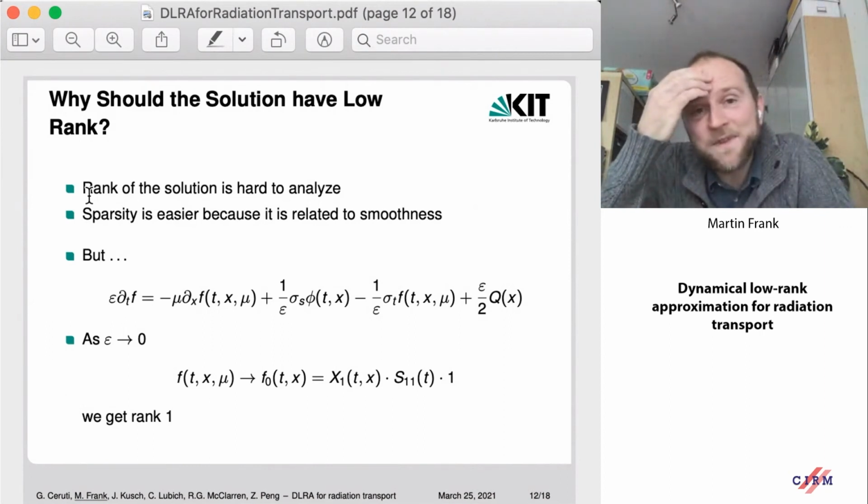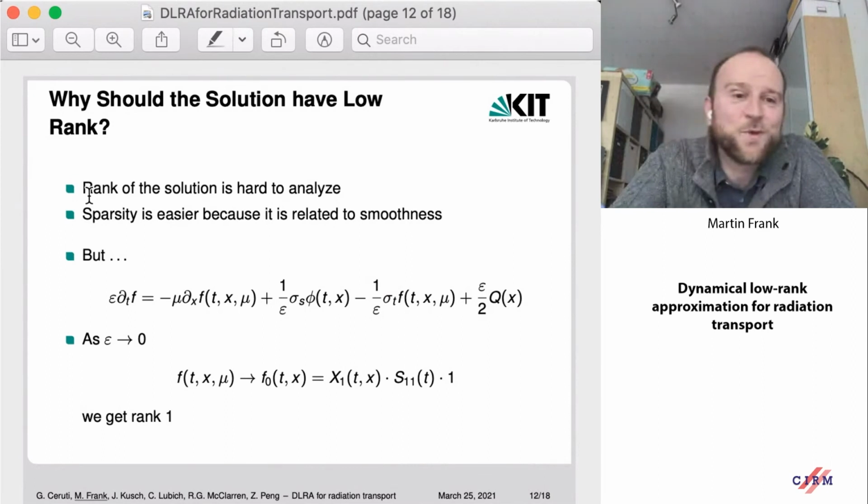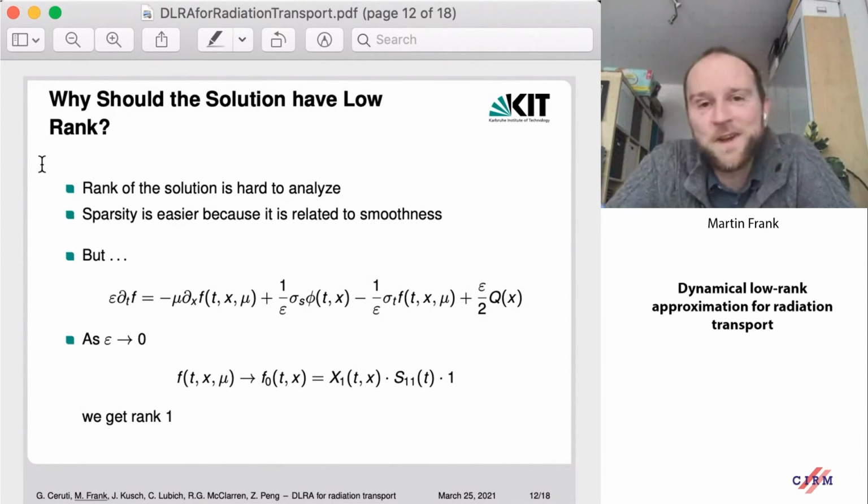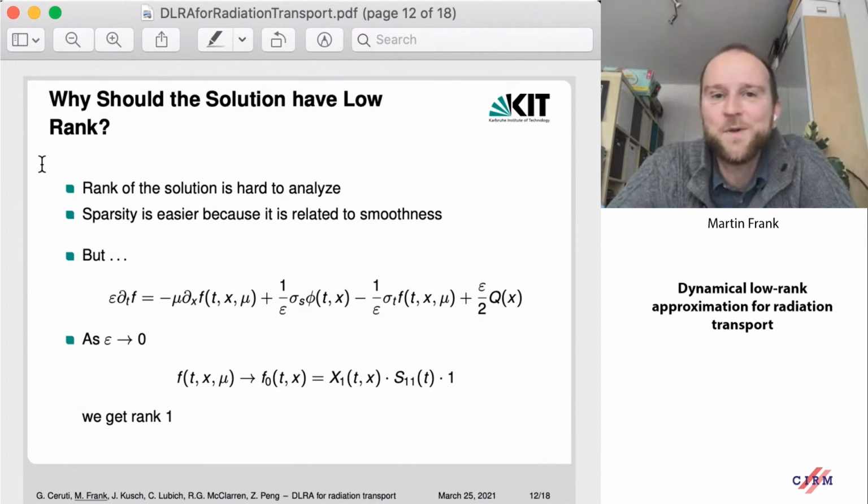that I think is something interesting to the analysts here in this room, because the rank of a solution is really hard to analyze. It's an object that you don't get from looking at a Sobolev space, right? The usual things we do to characterize solutions of partial differential equations are more related to sparsity, right?